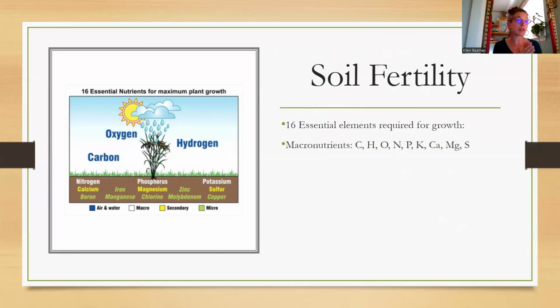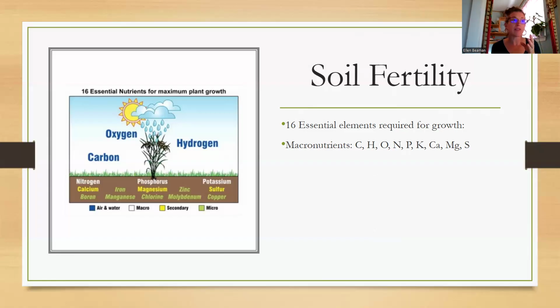We start with the macronutrients. The first three you see listed here are carbon, hydrogen, and oxygen. Those are part of the body of the plant, the carbon-based organism, and all three of those come from the atmosphere in the form of carbon dioxide, water, and oxygen.